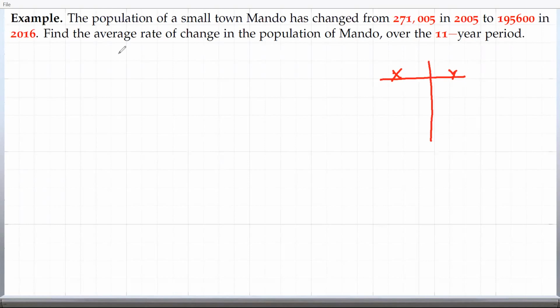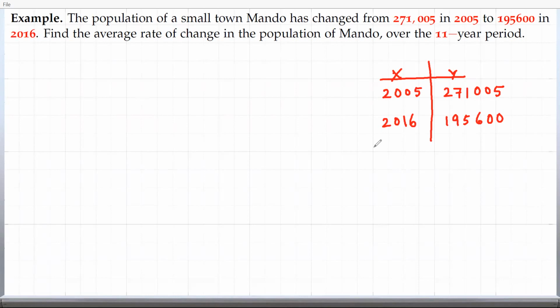In this case, x is the year. So in 2005, the population is 271,005. And in 2016, the population is 195,600. So we have the x and y values.